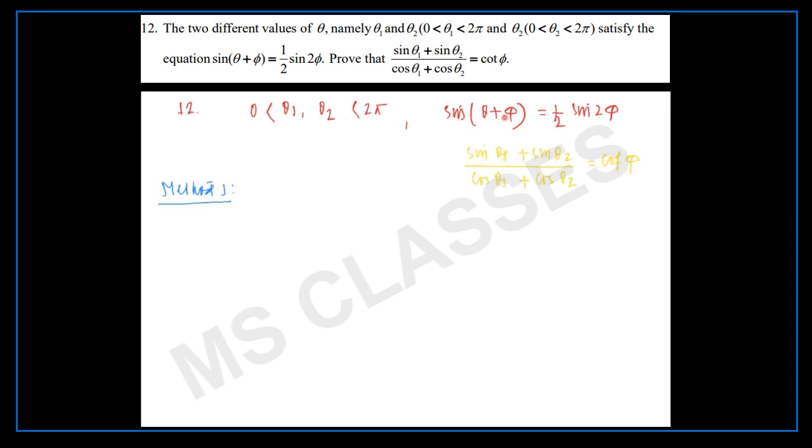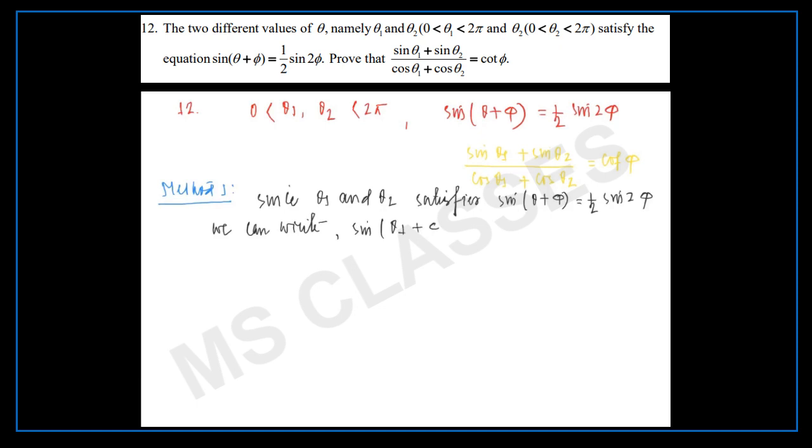Since theta 1 and theta 2 satisfy sin(theta + phi) = 1/2 sin 2phi, we can write sin(theta 1 + phi) = 1/2 sin 2phi, and sin(theta 2 + phi) = 1/2 sin 2phi.